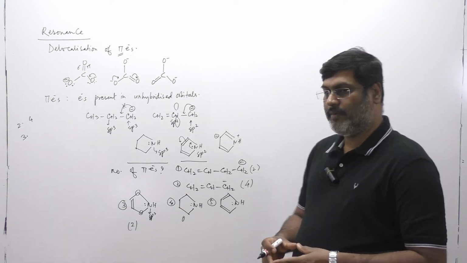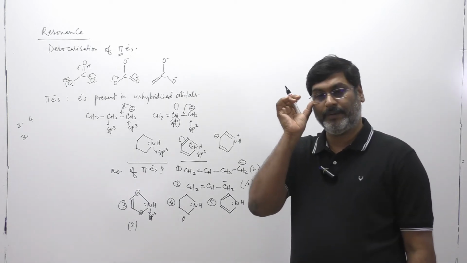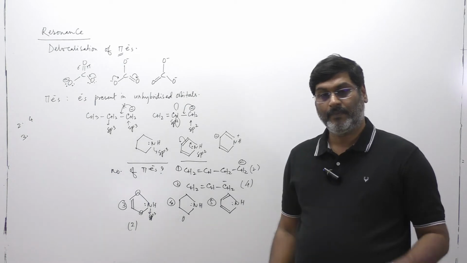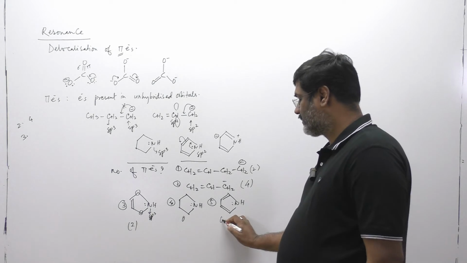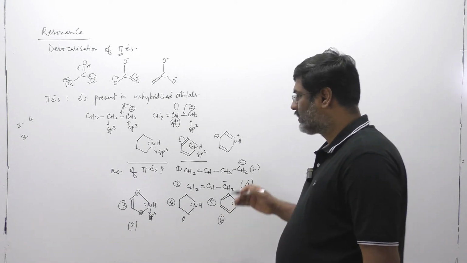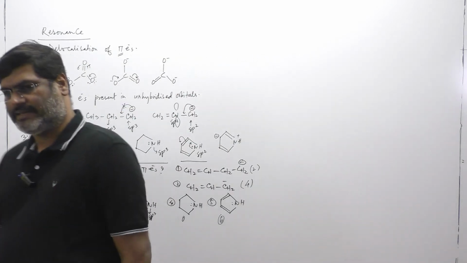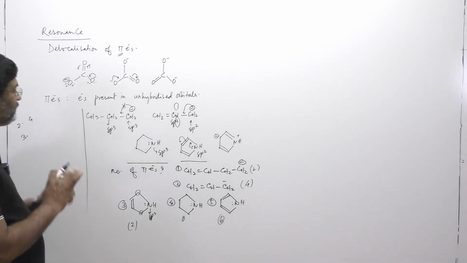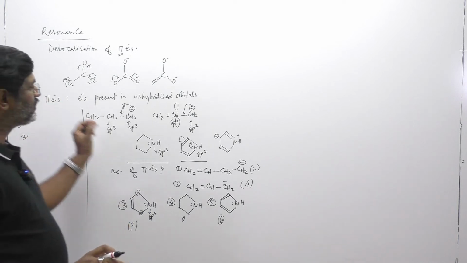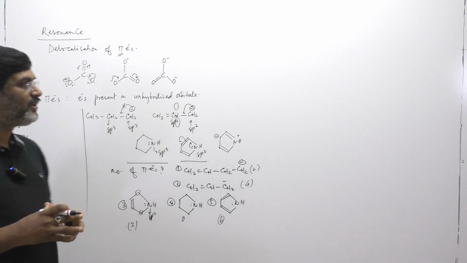Fifth one, how many pi electrons? Very good. Fifth one, 6. 2 to 4 to 6. Perfect. Nice. Good answer. So one thing we have learnt, pi electrons means electrons present in unhybridized orbitals.